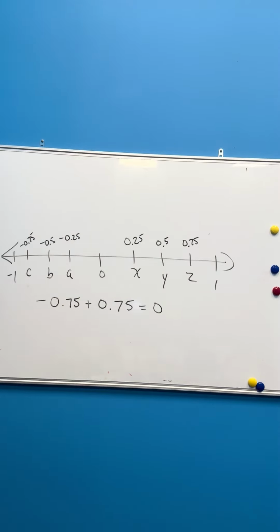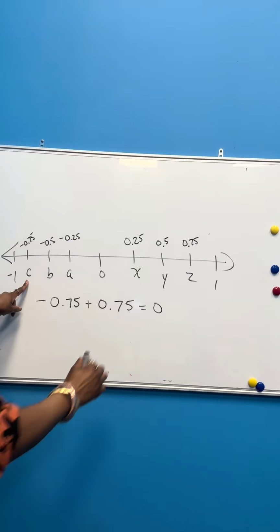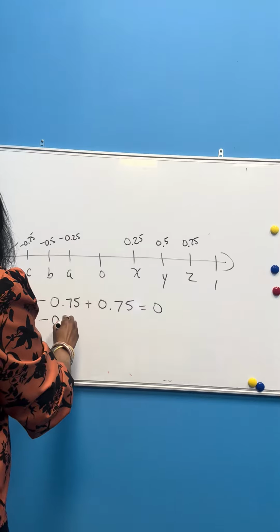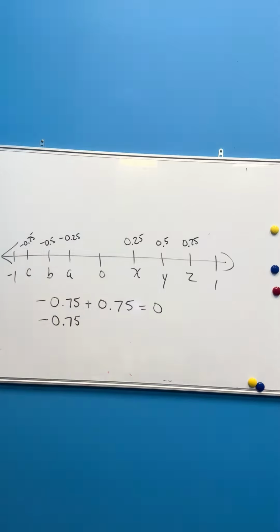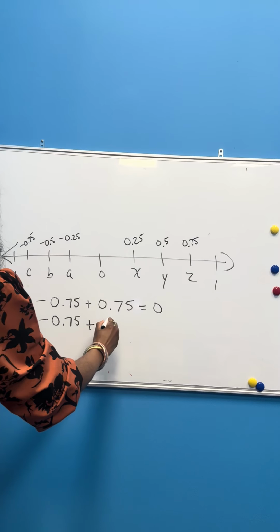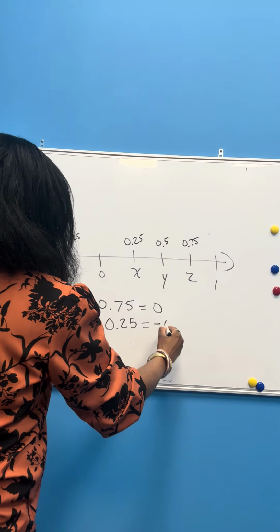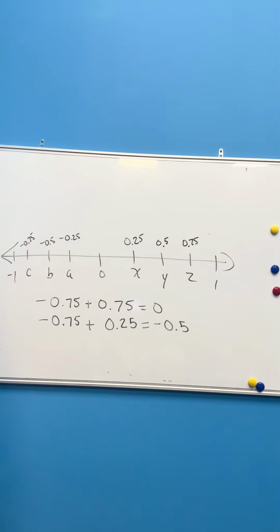Then our other choice, we have this one and this one. If we have -0.75 and we are adding 0.25 to it, that will give us -0.5. And you are allowed to use a calculator for these.